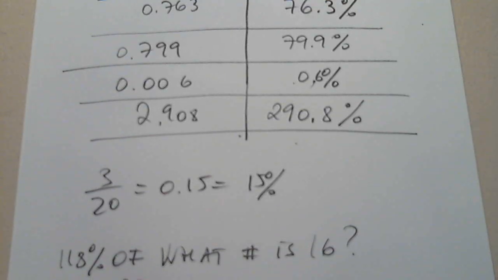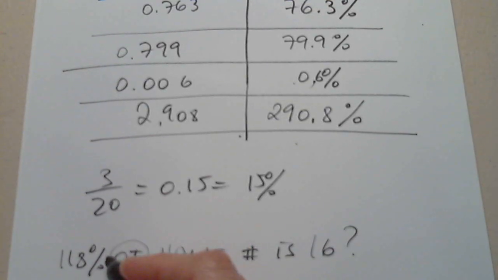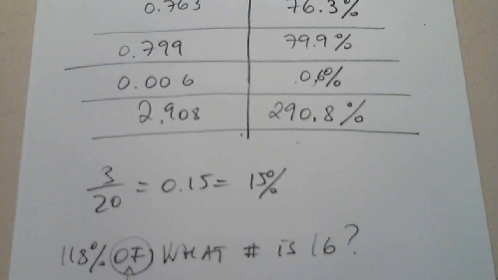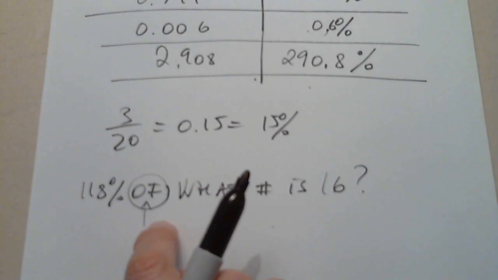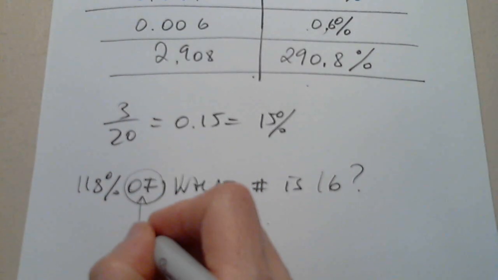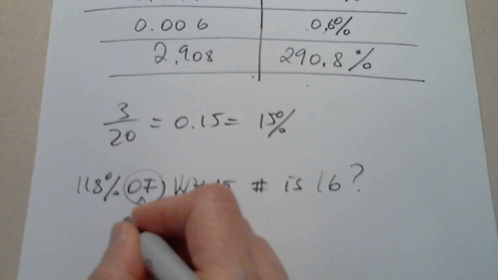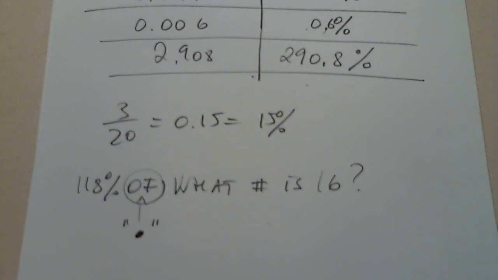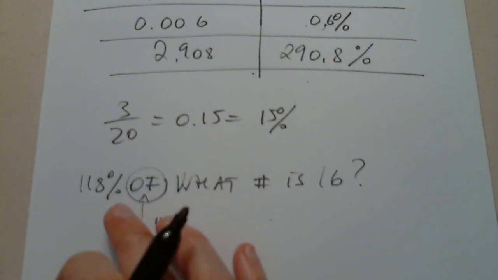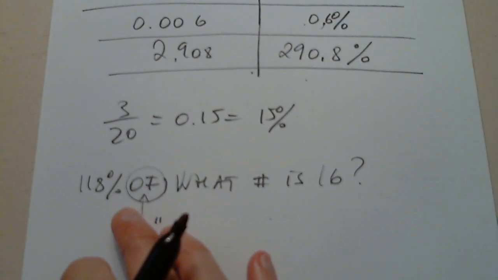Okay. What is the operation? What is the concept behind of? What operation is there? Product. Multiplication. Very good. So, 118% has to be changed into a decimal number.